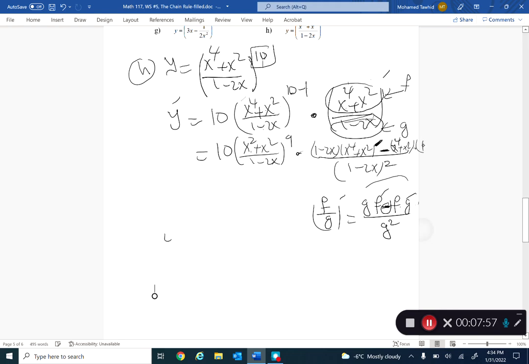So there is no room here. So what I should do is just do it separately here. So you have x to the power 4 plus x squared divided by 1 minus 2x, the whole thing prime.